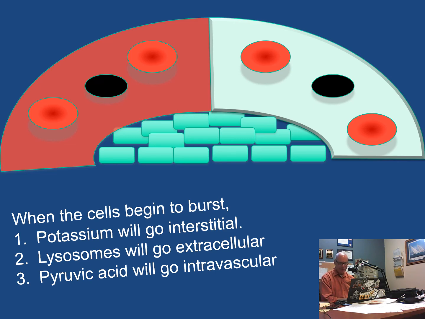If you're bumping through your A&P course, you know that lysosomes are like the garbage truck. They go around and just pick up intracellular debris. They're kind of dumb. They're not really good at recognizing self and non-self. They pick up what they recognize as garbage. And so now when these lysosomes are outside of the cell, they could be causing some damage too.